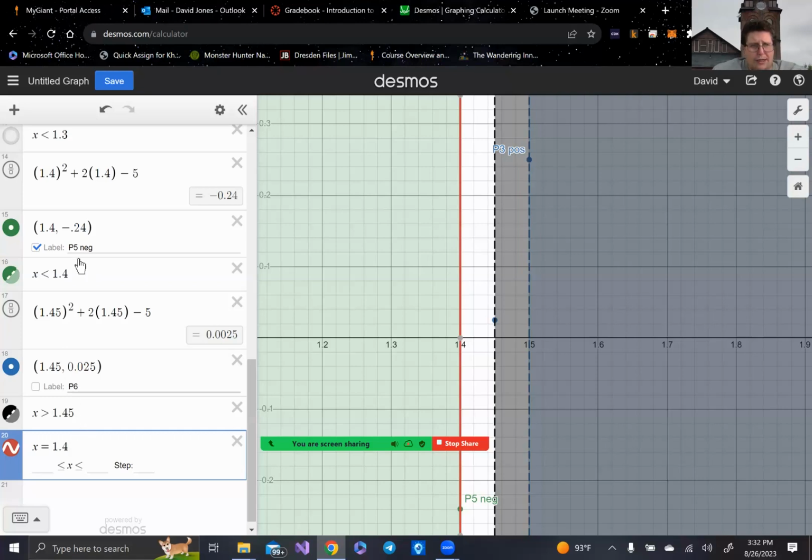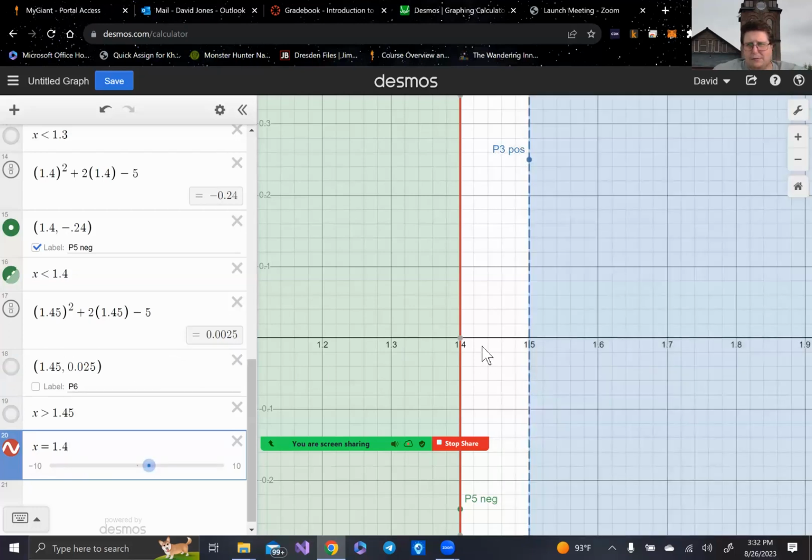And so what is 1.4 when we plugged it in? 1.4 is -0.24. We're going with 1.4 as the closest value between 1.4 and 1.5. So it rounds down closer to that spot.